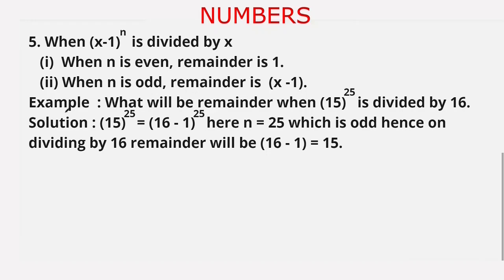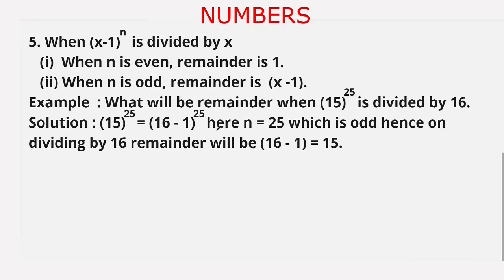The example given to us is, what will be the remainder when 15 to the power 25 is divided by 16? The solution: 15 to the power 25 equals (16 minus 1) to the power 25, and it is to be divided by 16.